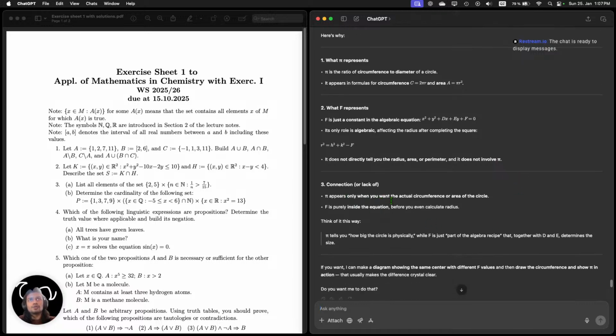Pi only appears when you want the actual circumference or area of the circle. F is purely inside the equation, part of the algebra recipe that you get.